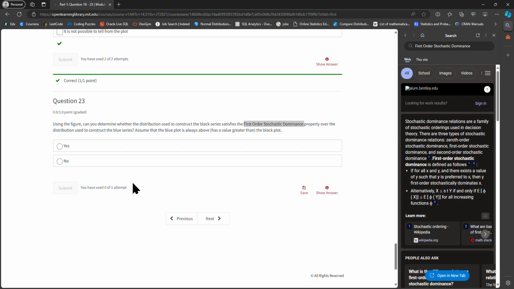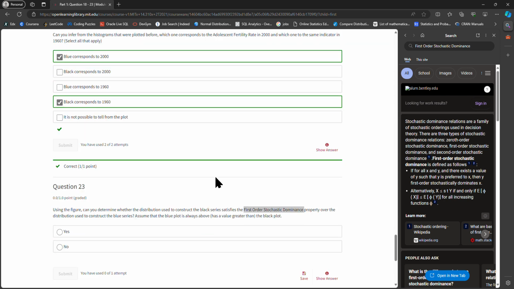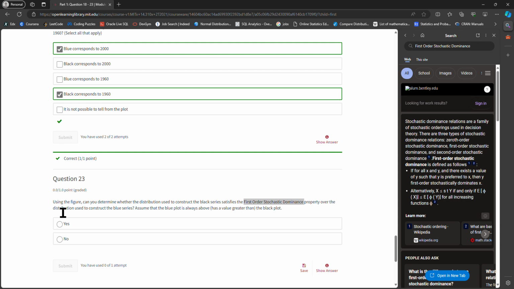So what does it mean? It means we can use this to determine whether the distribution used to construct the black series satisfies the first order dominance property over the distribution used to construct the blue series.